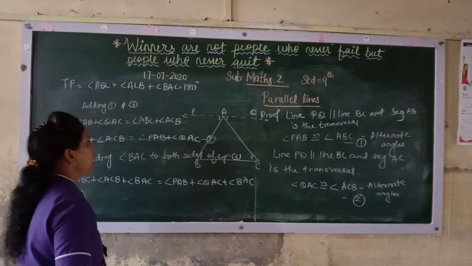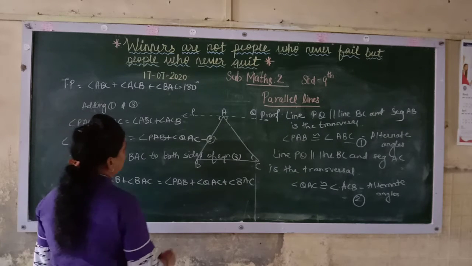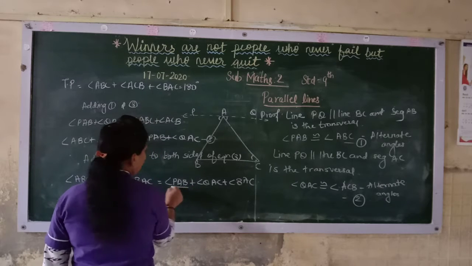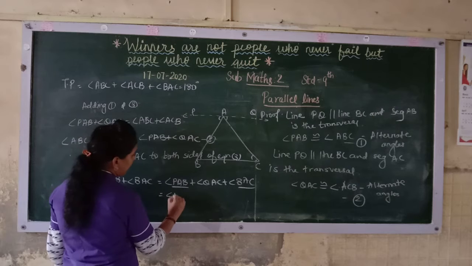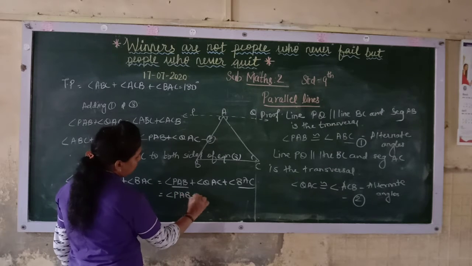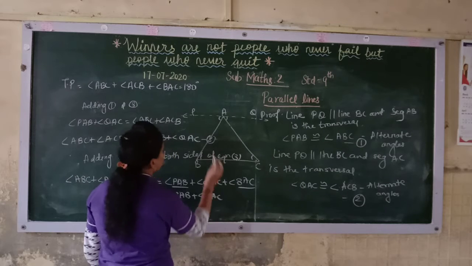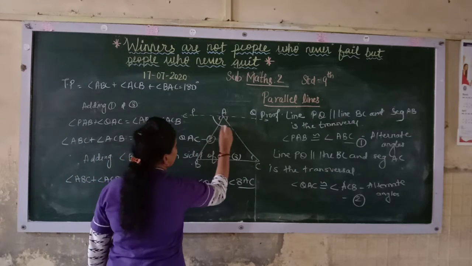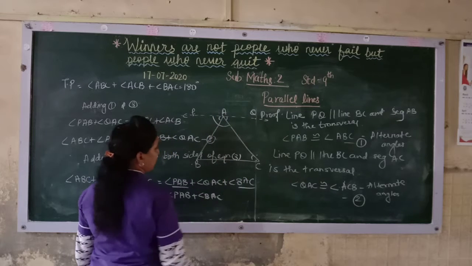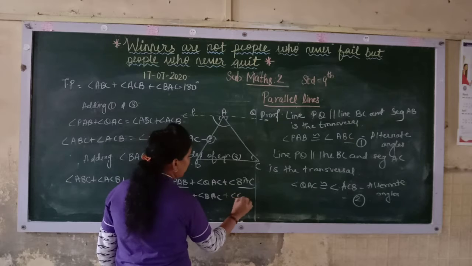Now if you see over here, angle PAB and BAC, bring them together, so you will get angle PAB plus angle BAC. You are getting this bigger angle PAC, and this remaining angle QAC you have to write here.